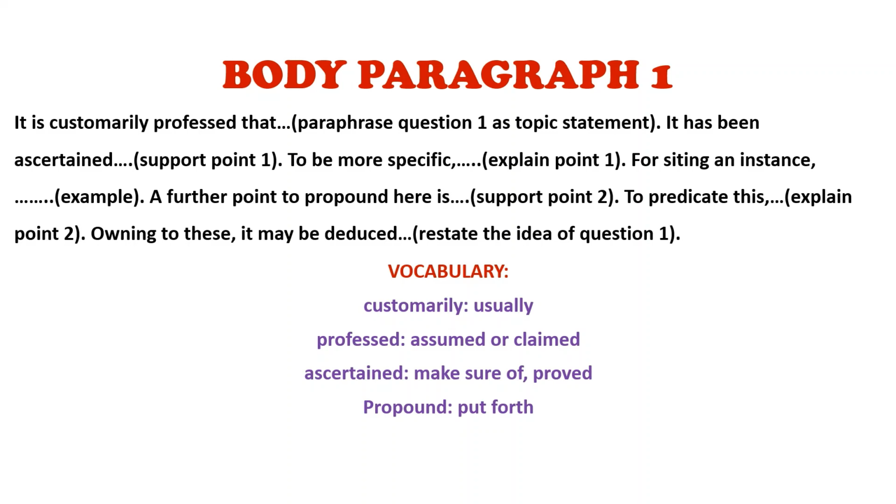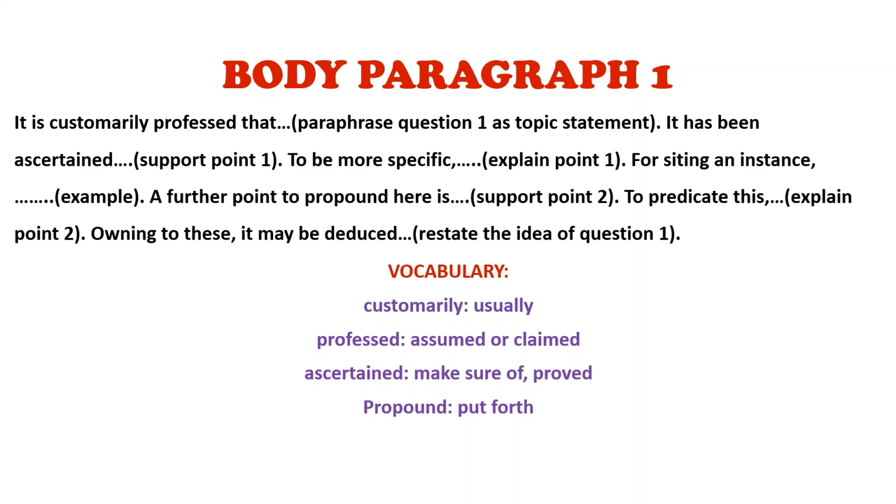So you will say, for citing an instance, every household work will be done by artificial robots. After giving my first point, explaining it and giving an example, I am going to give my second. So, how will artificial intelligence change more in future? Maybe it will have more emotions, or cognitive skills will develop on their own, something like that.